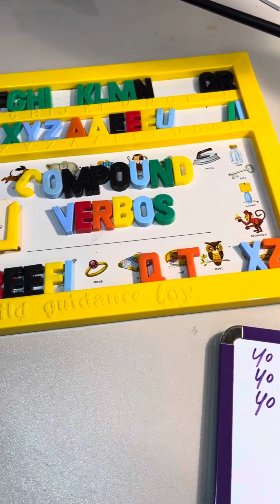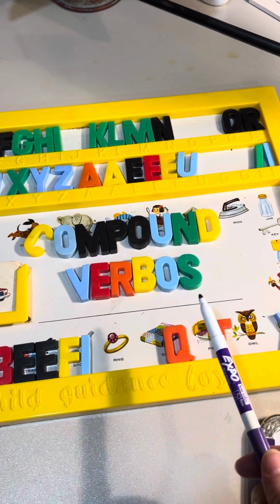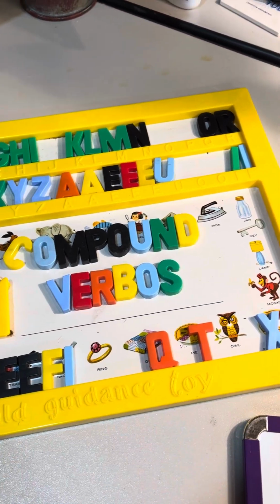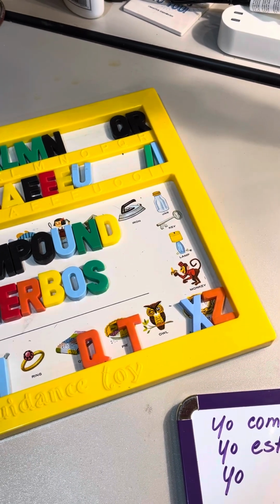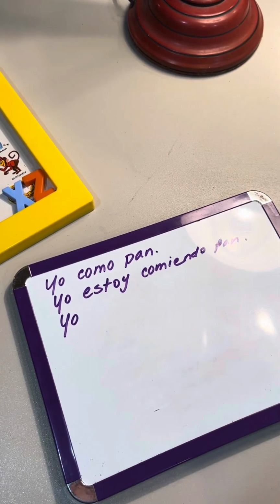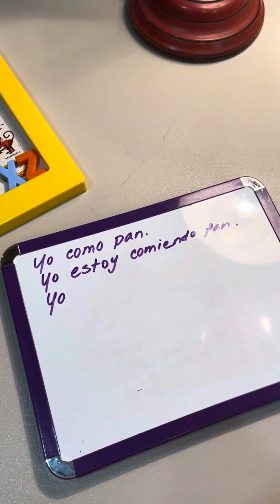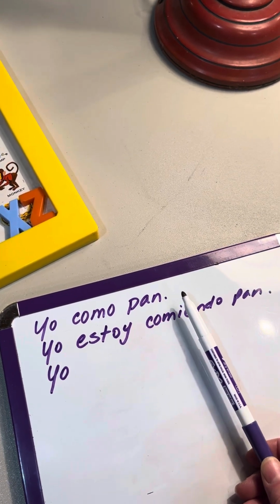And today we're going to talk about compound verbos. Y tiene que ver con usar dos verbos juntos. It has to do with using two verbs together. Now, we have learned the present tense.